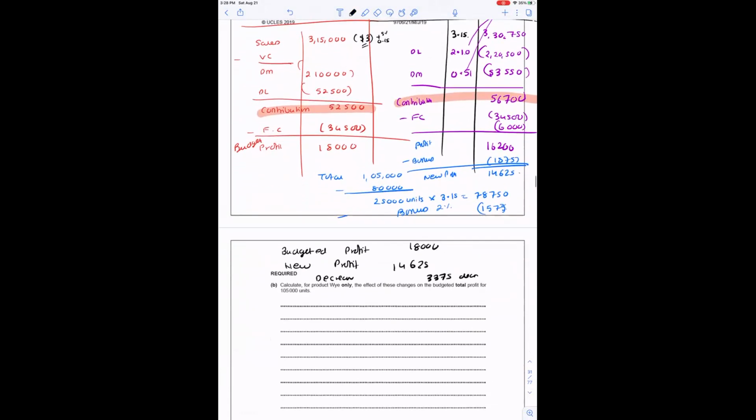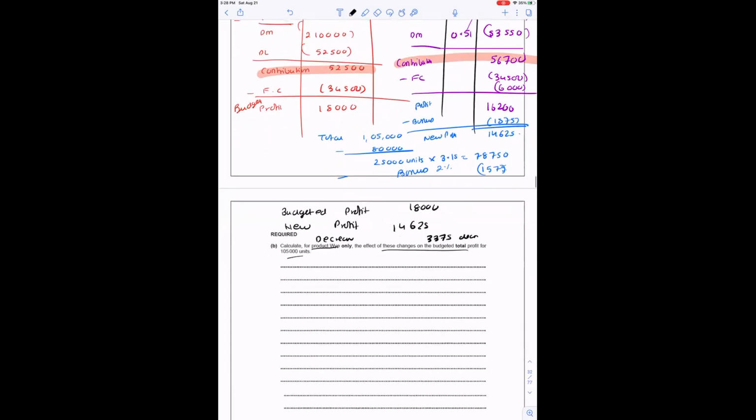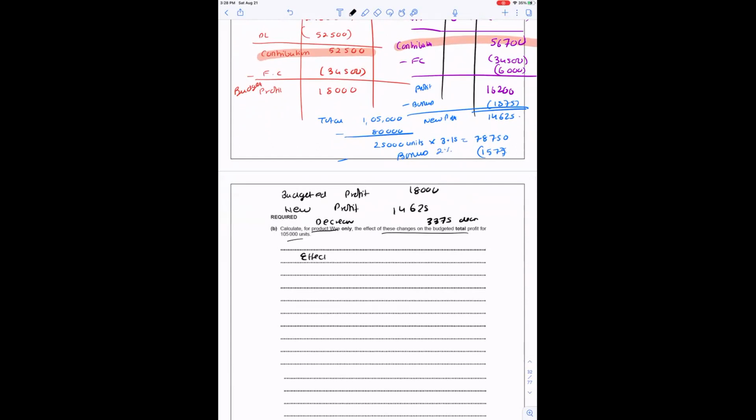I had to calculate for product Y the effect of these changes on total profit. So the effect of these changes on total profit for 1,05,000 units for product Y will be that the profit will decrease by $3,375.